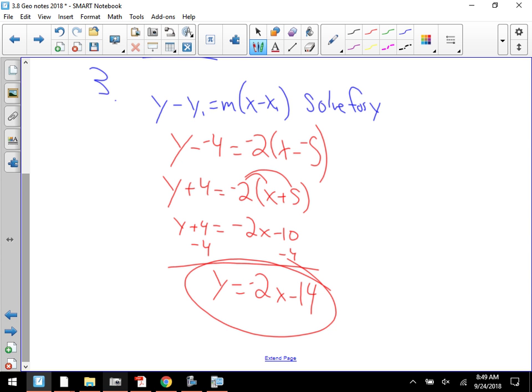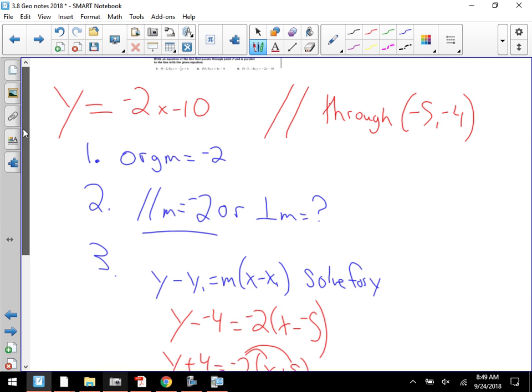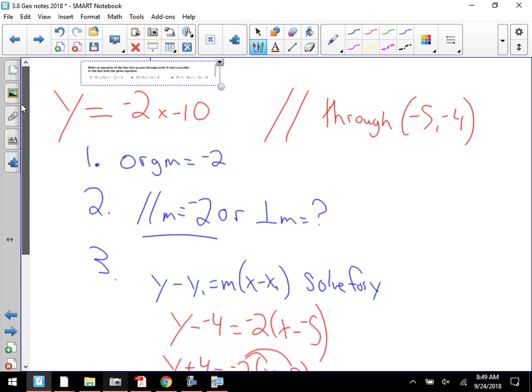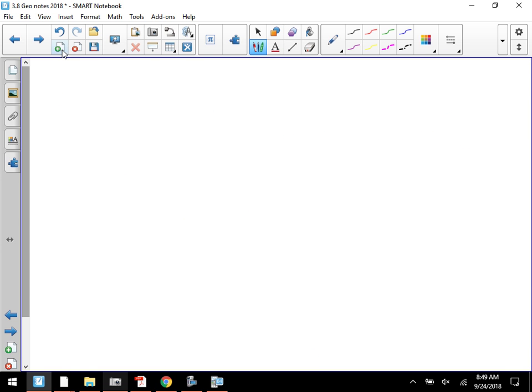Okay. Let's try another one. It won't put the parallel symbol in there. It'll say parallel to. Parallel to a point.